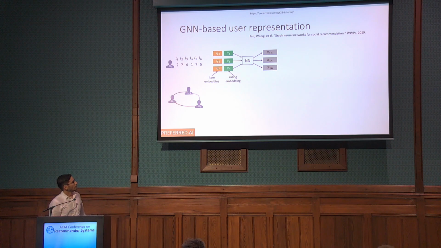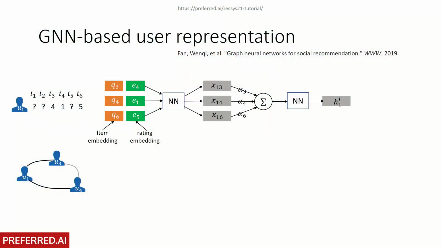Now, we first project them into another space using some neural network. So we obtain some intermediate representations. We then combine them, and here this is the operation in graph neural networks. I think if you attended the talk by Max Welling last Monday, you have probably already heard about these types of operations, where basically here you have the parameters alpha that determine the importance of every node here.